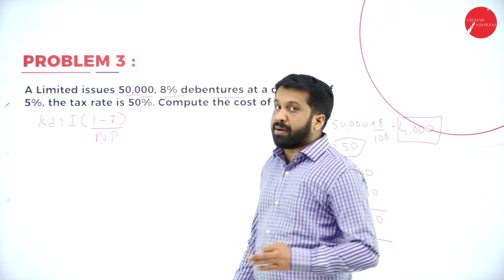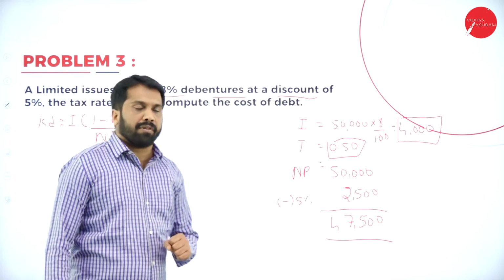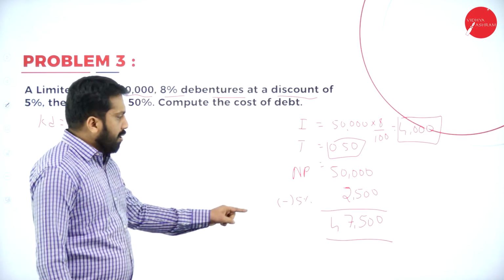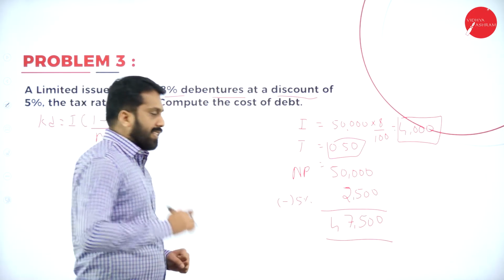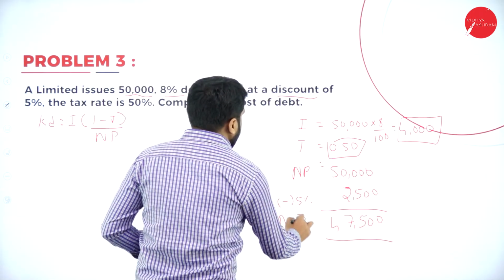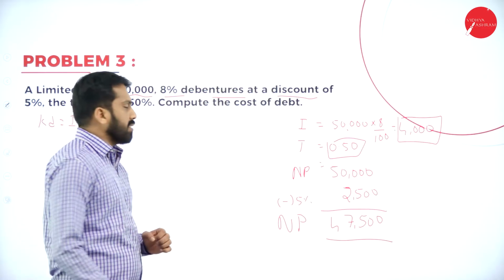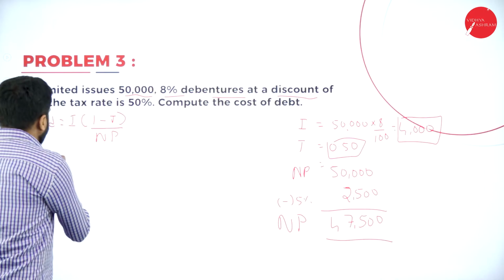50,000 into 5 by 100. In the calculator, if you calculate, you will get 2,500. Reduce that, you got 47,500. What is this? This is your net proceeds. 47,500 is net proceeds. Now, we'll simplify this.